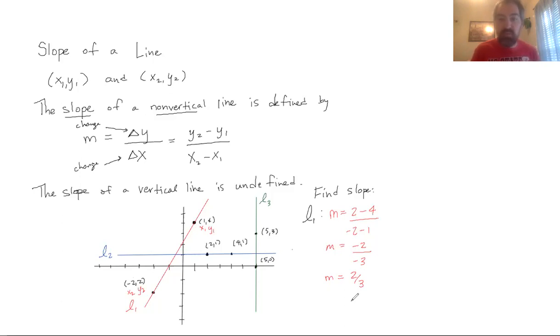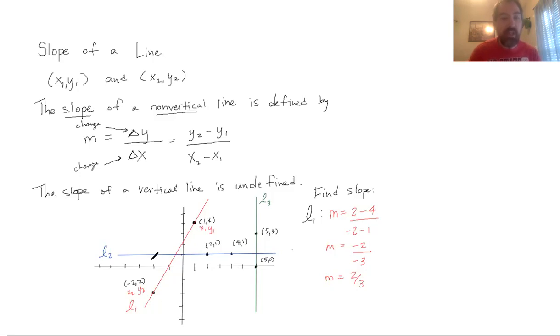So for every 2 units the line goes up, the line moves 3 units to the right. Remember that the 2 in the numerator is telling us the change in y, and the denominator tells us the change in x. Since the slope is positive, we would expect this line to be increasing, which it does.